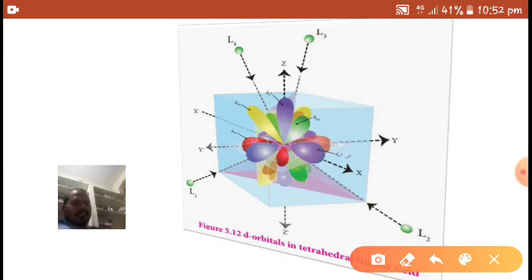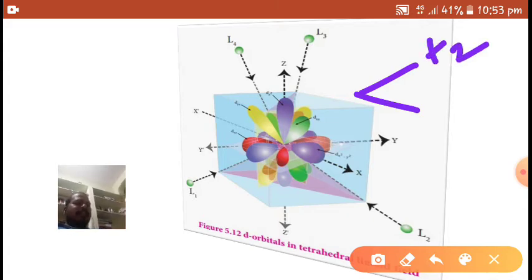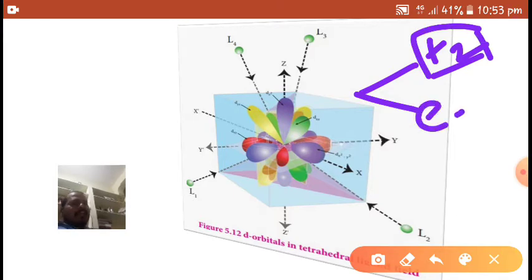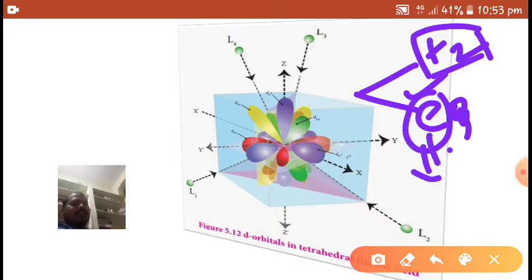The orbitals which lie between the axes will have their energy increased. So T2g orbital energy will be increased because they lie between the axes, and Eg orbital energy will be decreased because they lie along the axis.